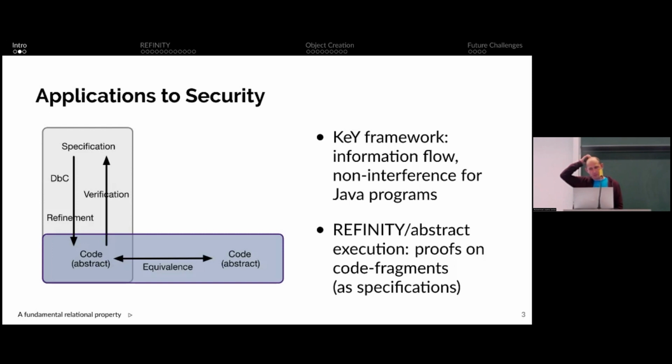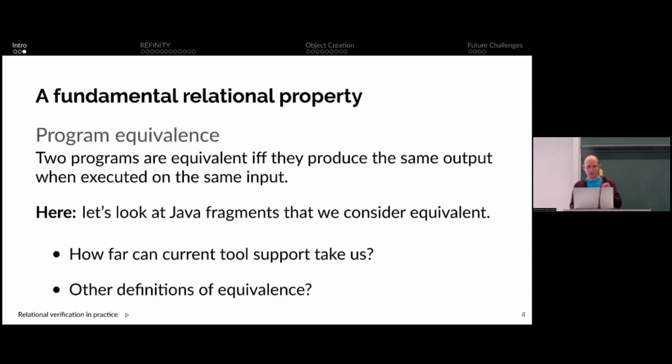I think it's maintained by TU Darmstadt and Høgskulen primarily these days. And on top of this, a PhD student built the Refinity tool, which basically harnesses KeY to do these equivalence proofs. What we want is for it to be as automatic as possible. And that works to some degree.